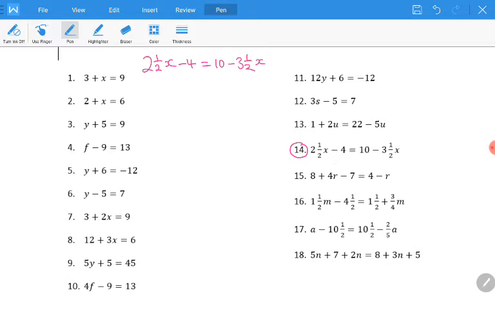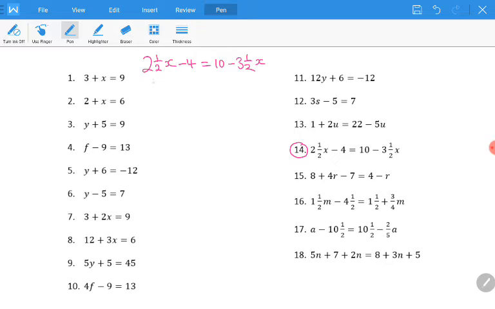So the first thing that we need to do here is to change the mixed numbers into improper fractions like we did when we were dealing with fractions.